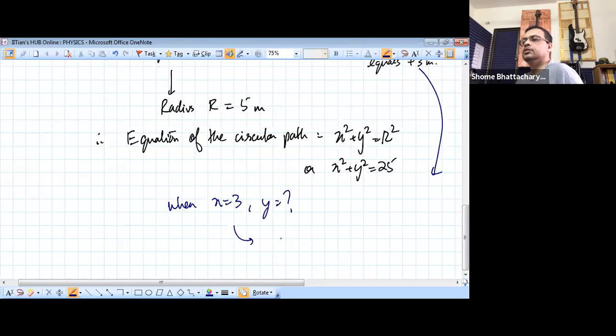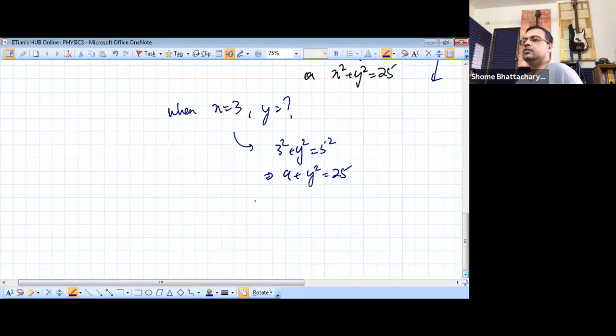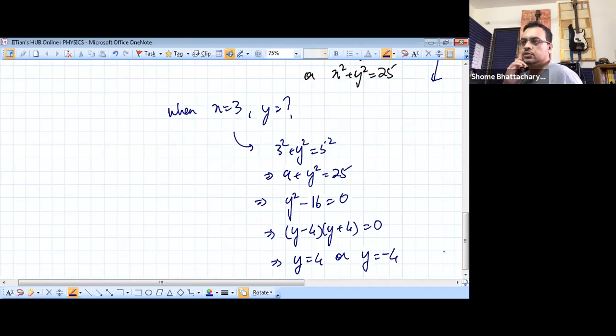So substitute that: 3 square plus y square is equal to 5 square, or 9 plus y square is equal to 25. Which means that y square minus 16 is equal to 0, which means that y minus 4 into y plus 4 is equal to 0. That means that y can be 4 or y can be minus 4. So that's why I said that there are two answers to this.